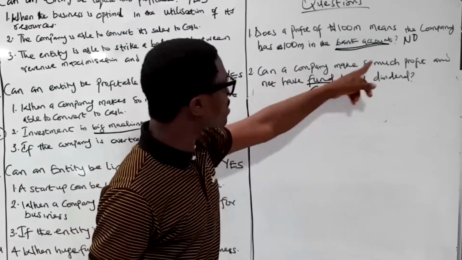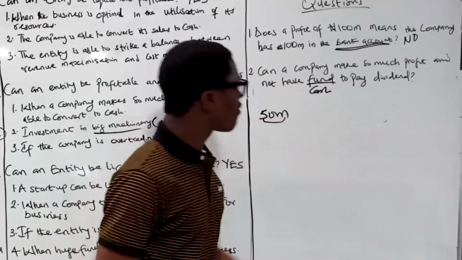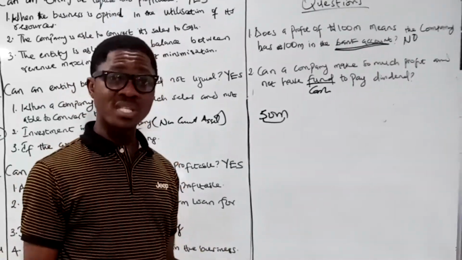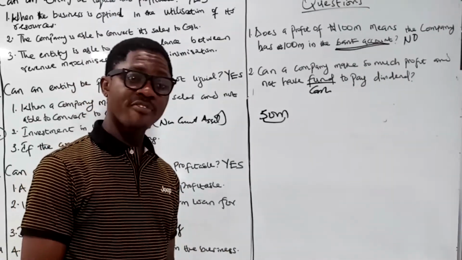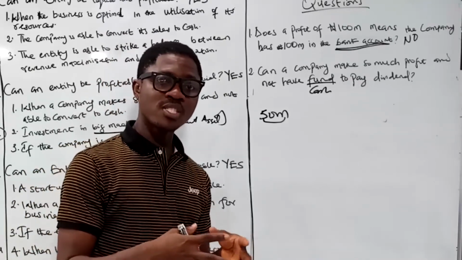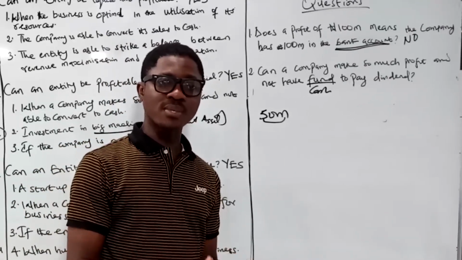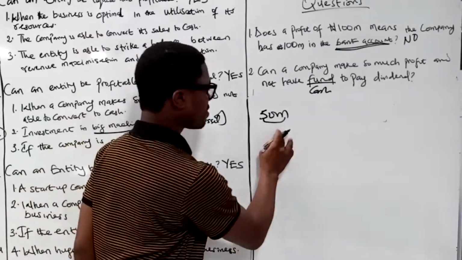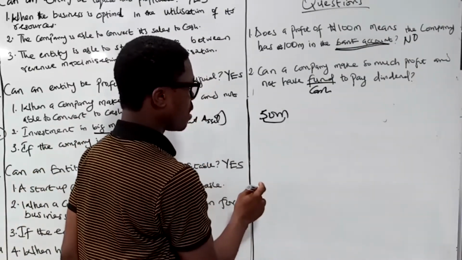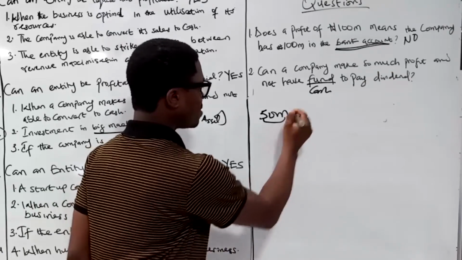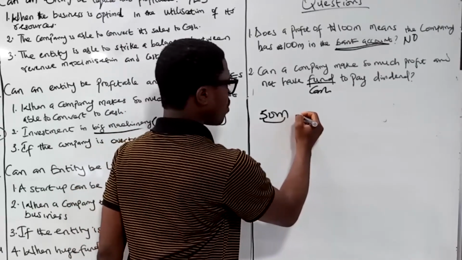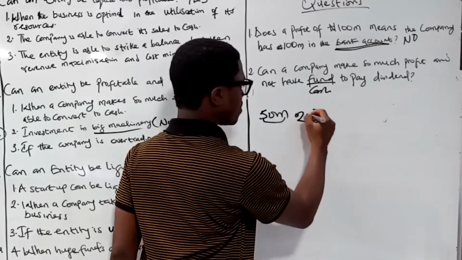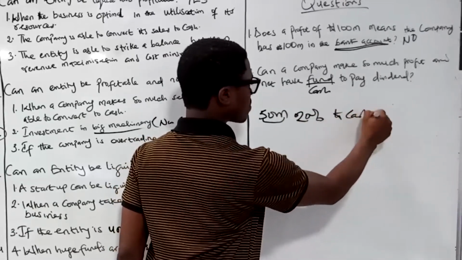Can a company make so much profit and not have funds to pay dividend? Meaning it can make profit and not have cash to pay dividend? Yes. If a chunk of the revenue that was made was not converted to cash, a company can make a revenue of 50 million and be able to convert just 20% of the 50 million to cash.